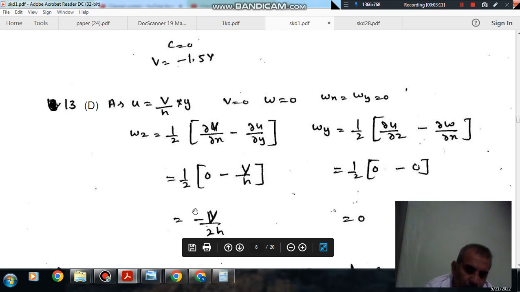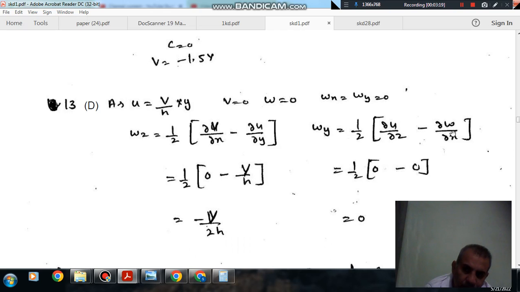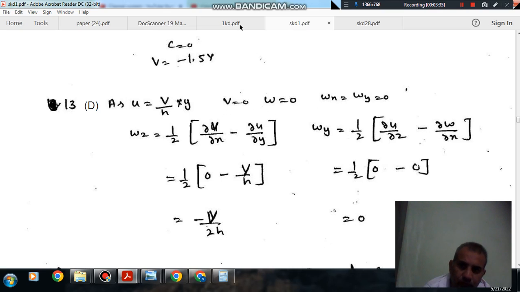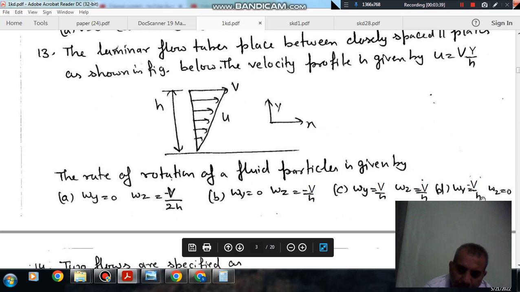So it comes out as minus V by 2h. Omega y is 1 by 2 of ∂u/∂z minus ∂w/∂x. This is 0 because u is not a function of z, and w is 0. So omega y is 0, and omega x is 0 because v and w are 0.